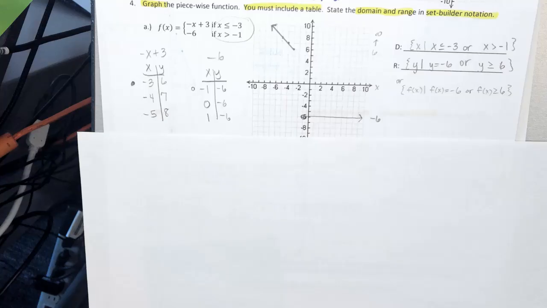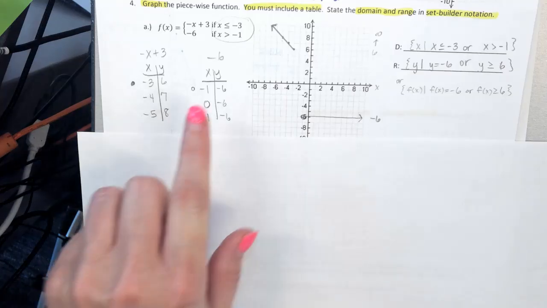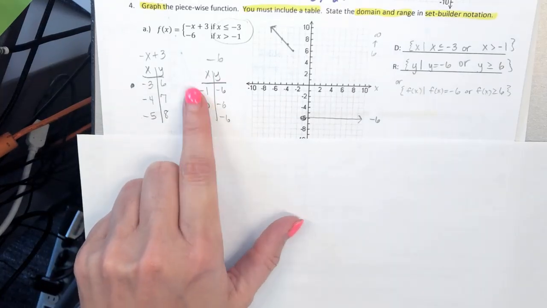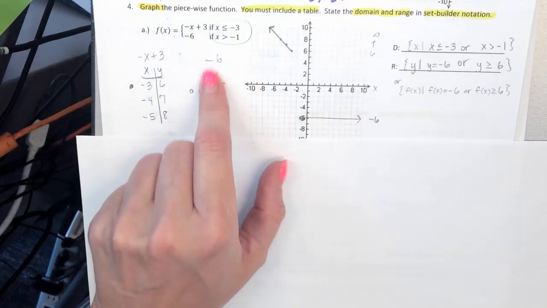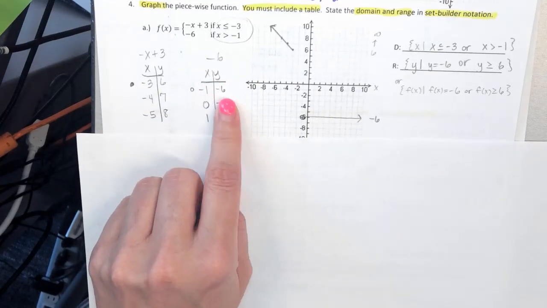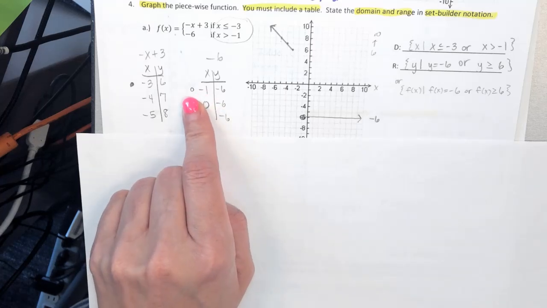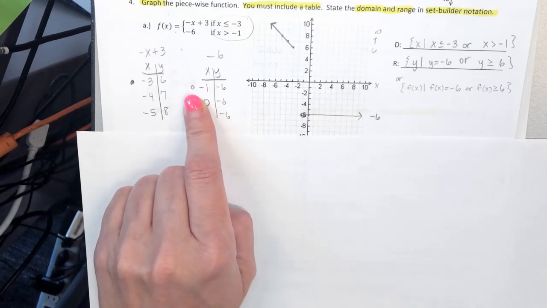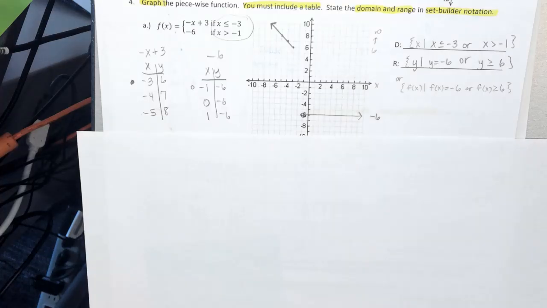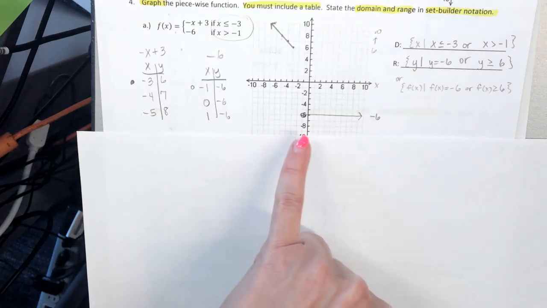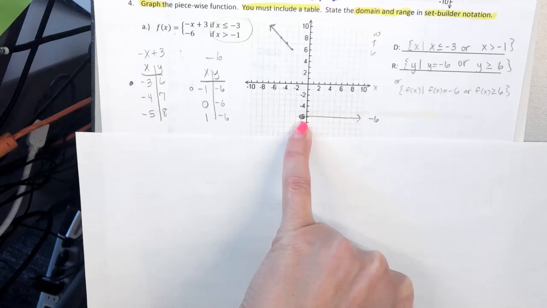Okay, and then x is greater than -1. So yesterday we reminded ourselves, even if it's not an equal to, we have to include it because it's going to go right up to that point, and we're going to put an open circle there. Okay, so an open circle at -1, -6. Now this is on the 6, so I know that's kind of hard to see.